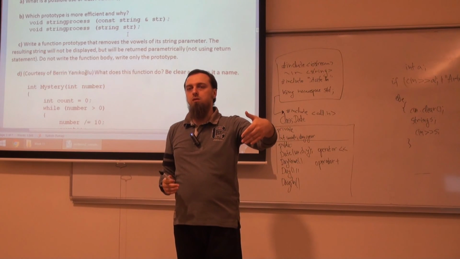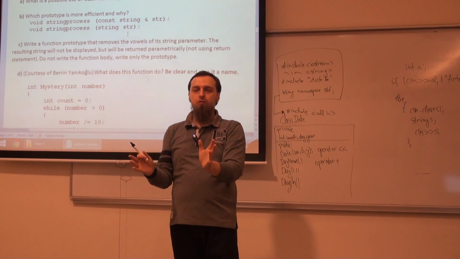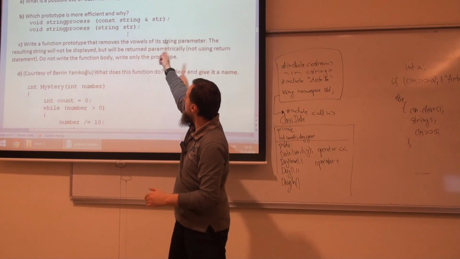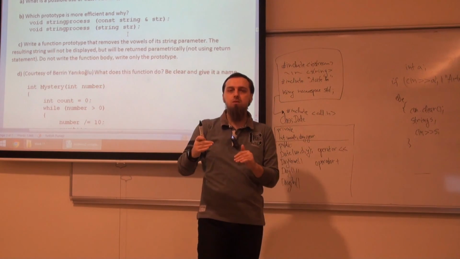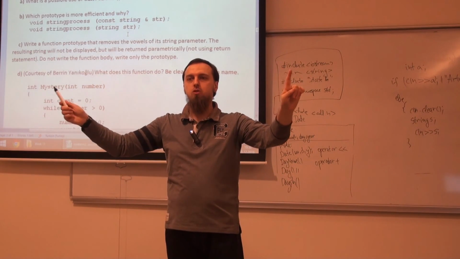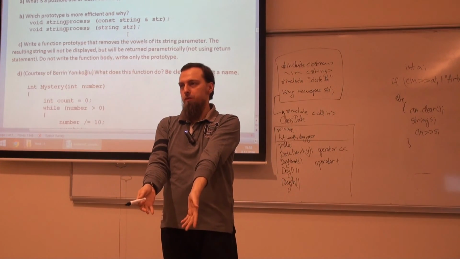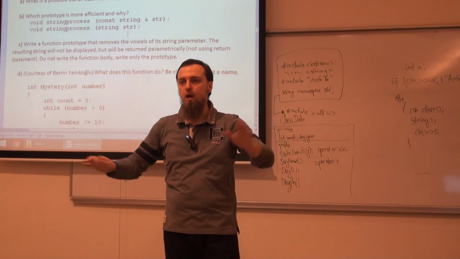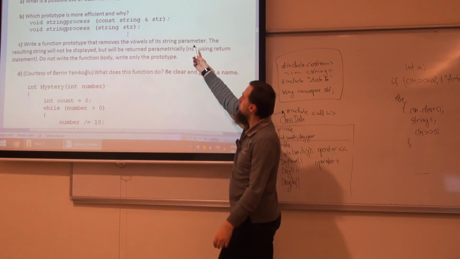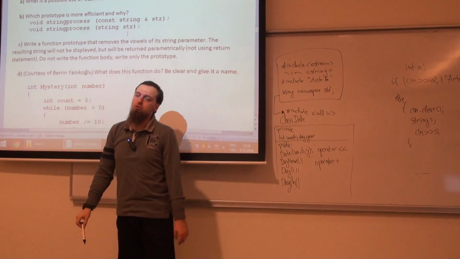Let's say you have 128 megabytes of RAM, and your string is 100 megabytes. When you call this function without sending it as a reference, 100 megabytes plus 100 megabytes of the copy is 200 megabytes, and you don't have enough memory for that. So the program will say out of memory. But if you send it as a reference, and you are sure because of this const statement it's not going to be changed, it's better.